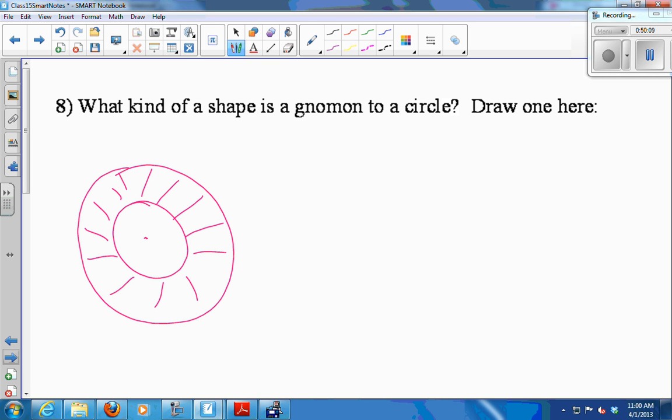If I started with a circle, I cut out a piece of plywood that was circular and I thought, oh shoot, I wanted this circle to be bigger. What I would glue to it is like a donut. Why you wouldn't just cut out a bigger circle, I don't know. But you would use a ring or a donut, whatever you want to call it, or a washer.